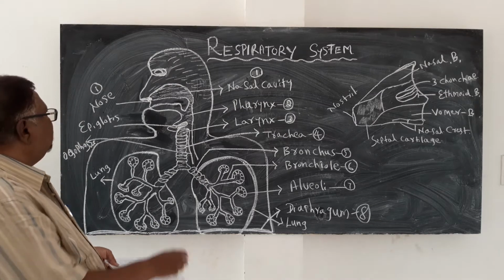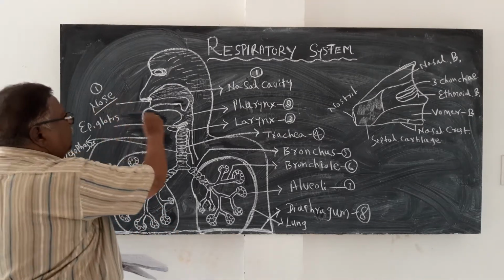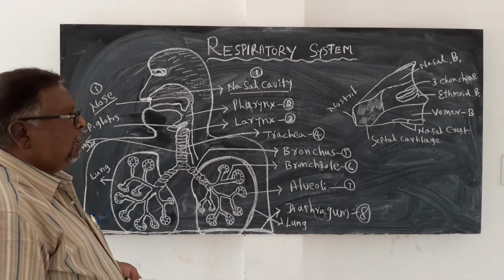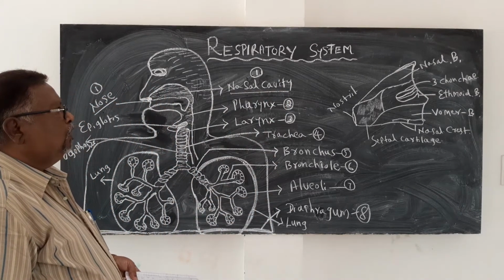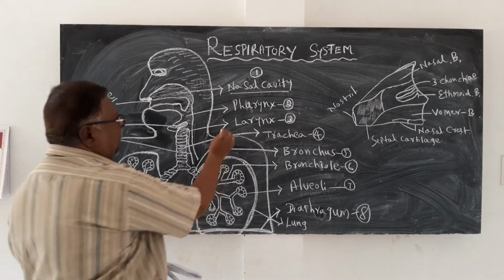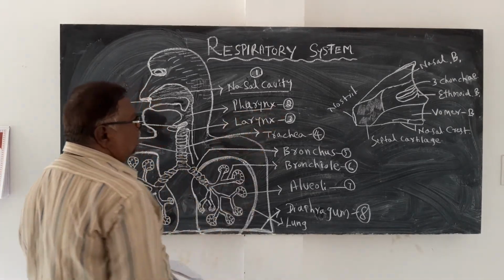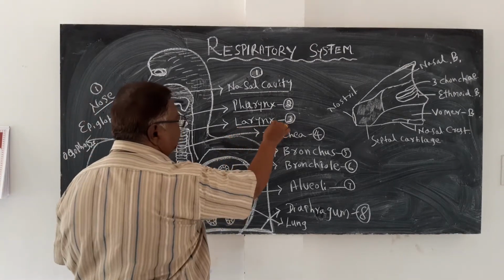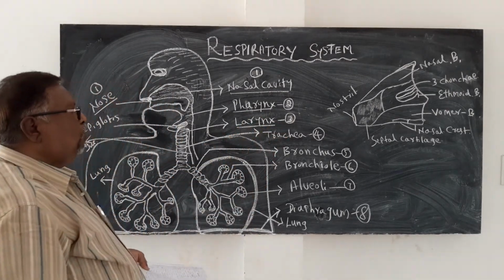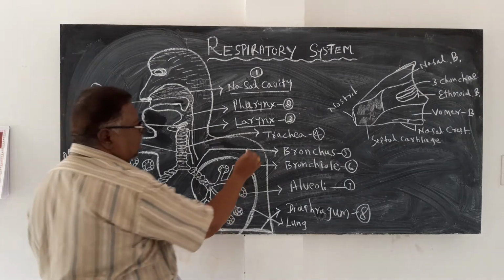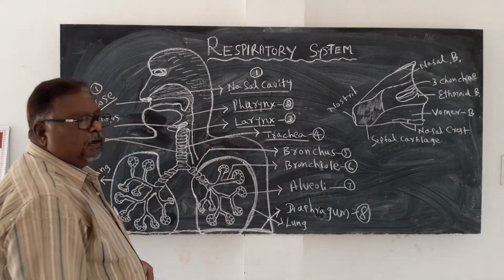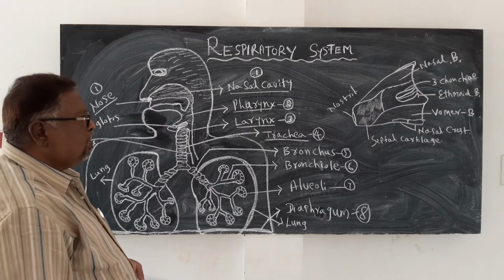The first one is nose and nasal cavity. The second one is the pharynx. The third one is larynx. The fourth one is trachea, the windpipe. This is called windpipe, trachea.